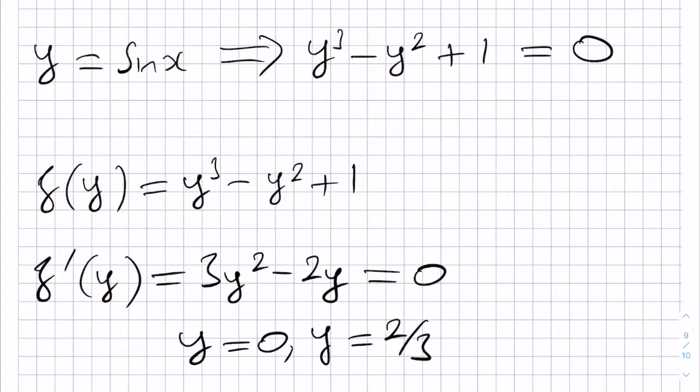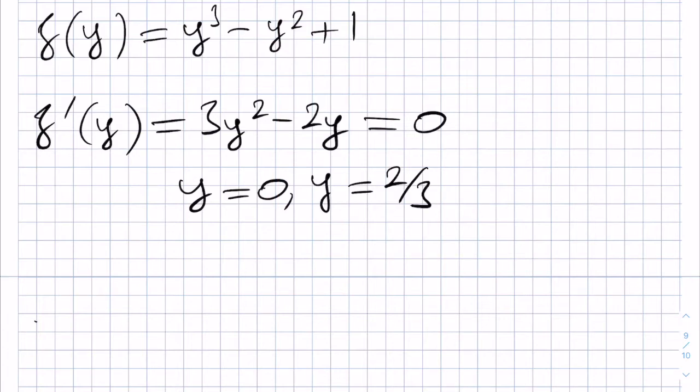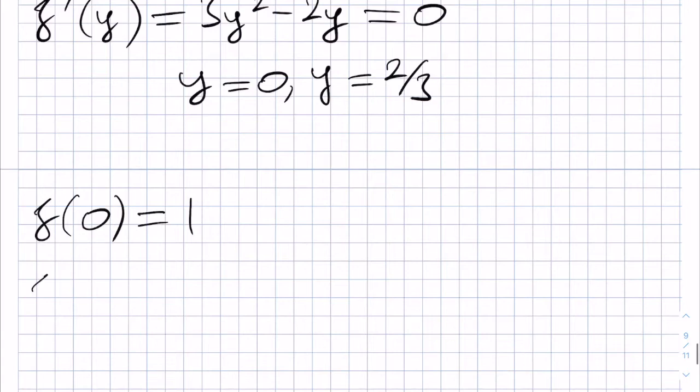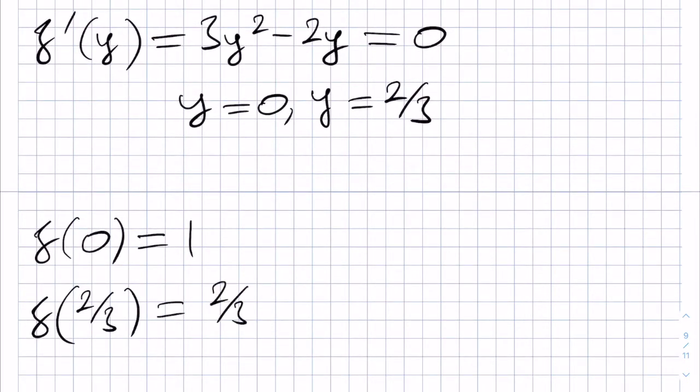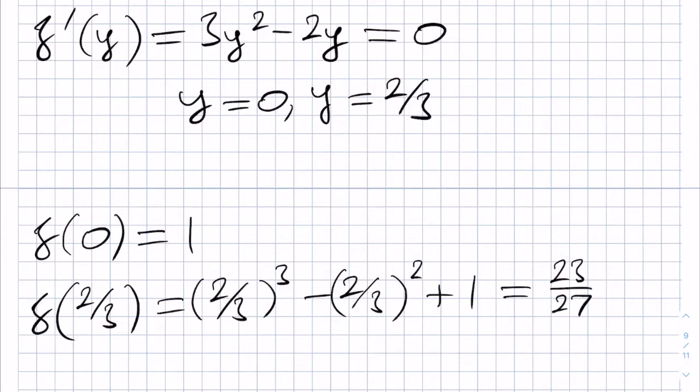Then we should calculate the value of the function f at these turning points. So when y equals 0, we have f of 0 is equal to 1, and when y is 2/3, we have 2/3 all cubed minus 2/3 all squared plus 1, and if we work this out, we get 23 over 27, and in particular, it's important that these values are both positive.